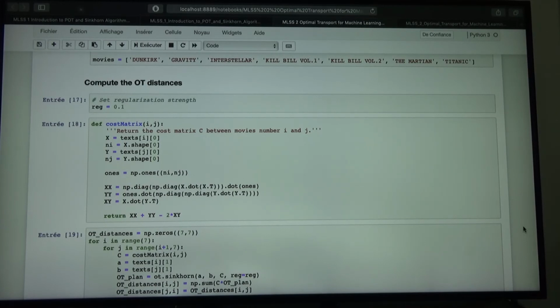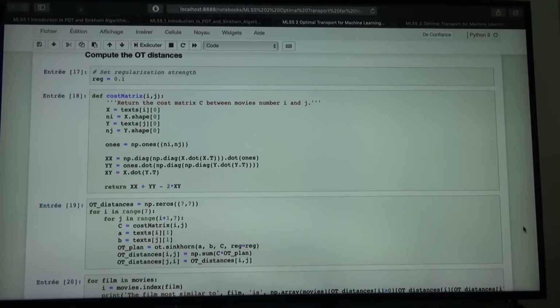So first we set a regularization strength. Here it's 0.1. You can try something else and see how it impacts the distances. If you take the regularization to be very small or very big, what happens? You can look at it.